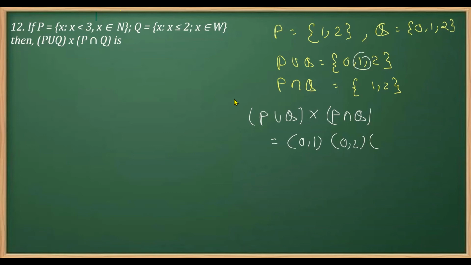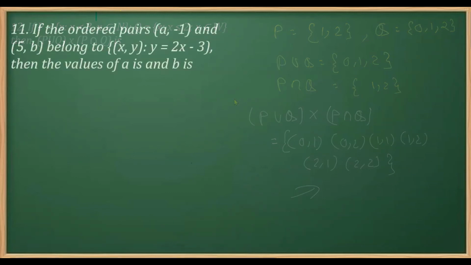Likewise, 1 can be paired with 1, 1 can be paired with 2, then 2 with 1 and 2 with 2. Let me check again: (0,1), (0,2), (1,1), (1,2), (2,1), (2,2). So this will be the answer for this question.